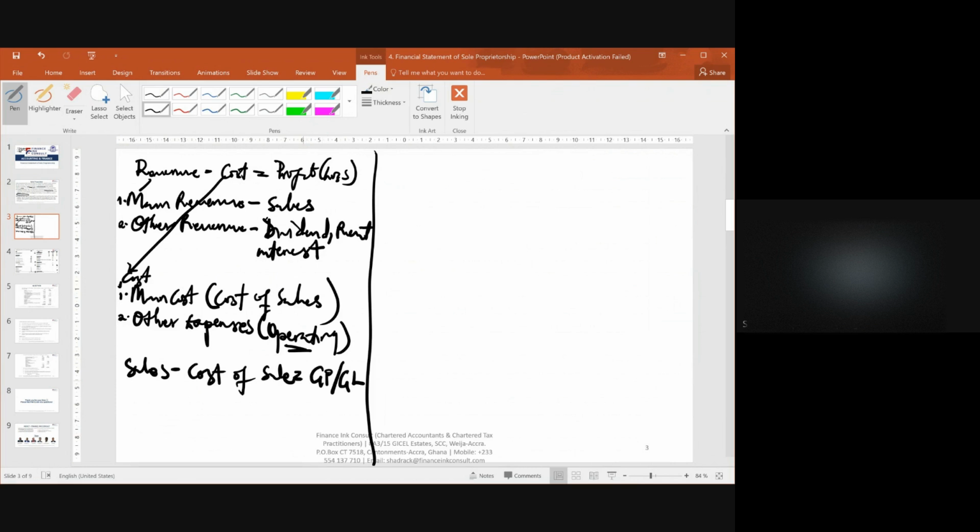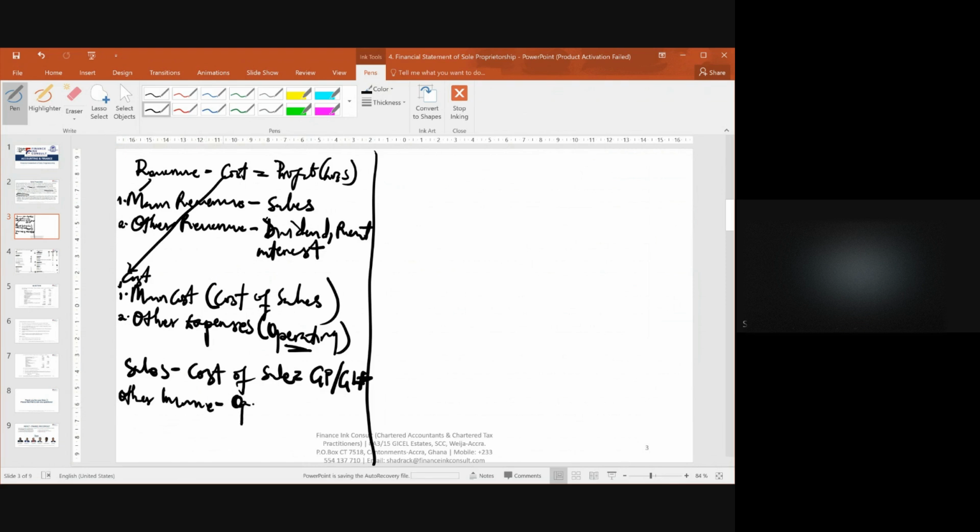Then our gross profit or our gross loss plus our other income or other revenue minus other expenses, that gives us our net profit or our what? Our net loss. So let's do gross profit or gross loss plus other income minus, let's say, operating.